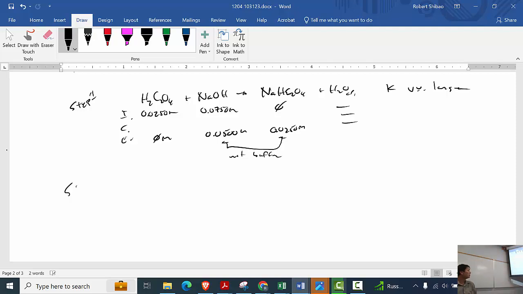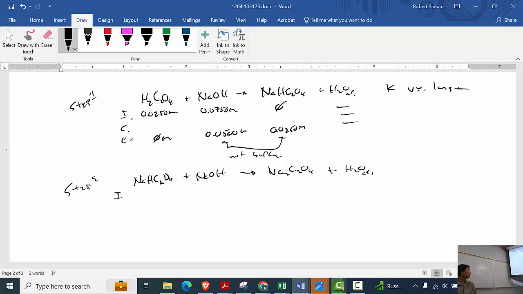And so in step 2, we're just going to take the strongest acid remaining. The strongest acid is going to be sodium hydrogen oxalate plus the strongest base. Well, we have leftover strong base, sodium hydroxide. That's going to react until there's nothing left to react with. And this is going to form Na2C2O4, sodium oxalate, plus water.